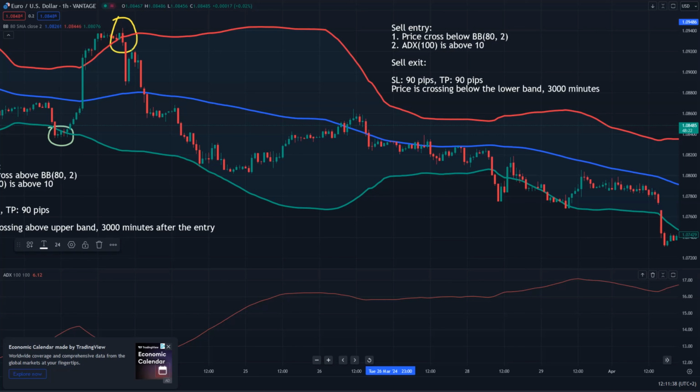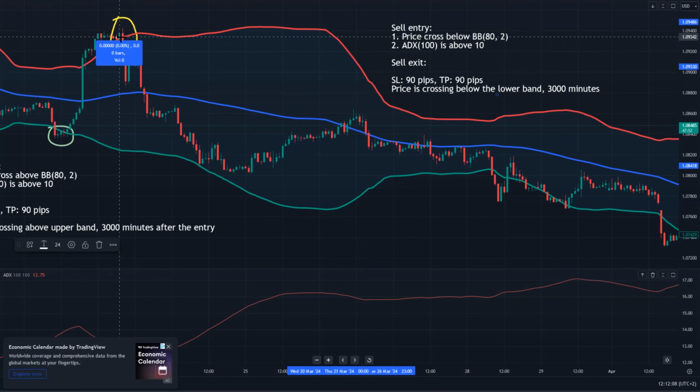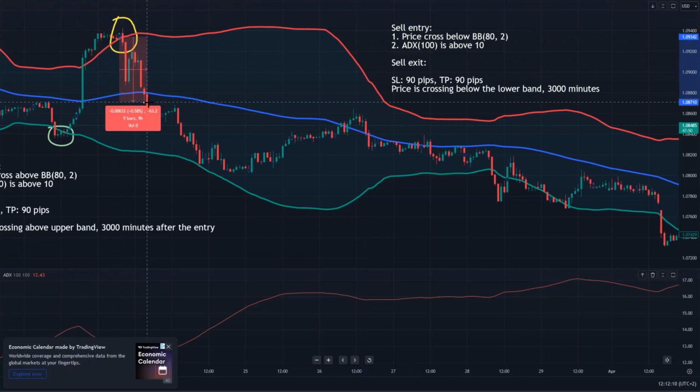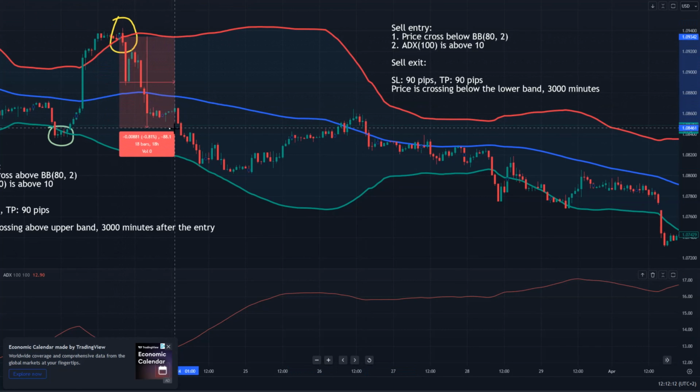And when these two parameters are fulfilled, you can close the trades at that point before the TP or SL. Let's see where we closed the trade here, because with this trade we also closed it by TP. Let's see where is the 90 pips that we closed the trade at here.